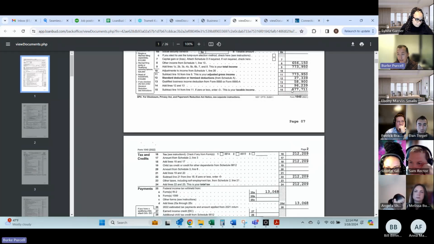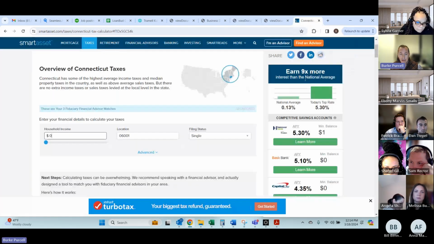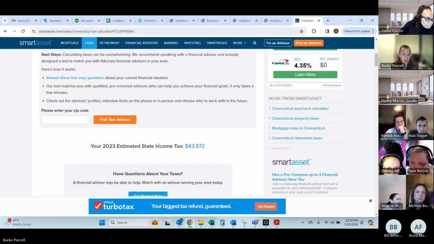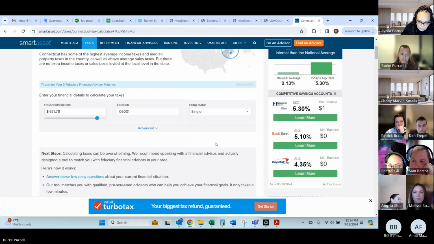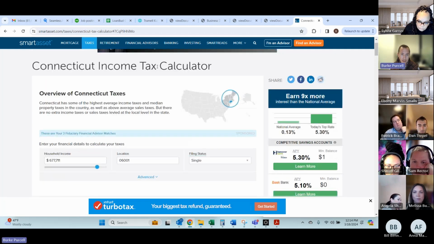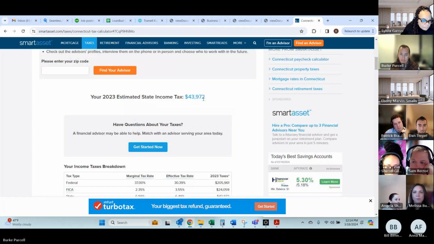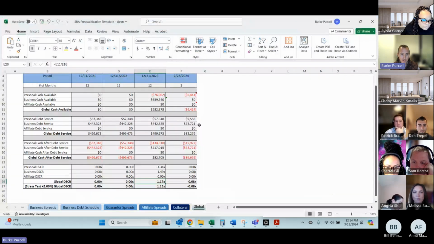This guy had $677,000 in taxable income. Now, I would then come in here, 677,711, and the estimated state tax is 43,972. There you go, Connecticut income tax calculator. That's how I would get that additional dollar amount.